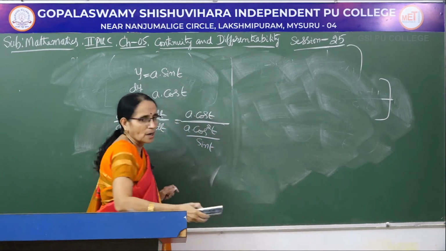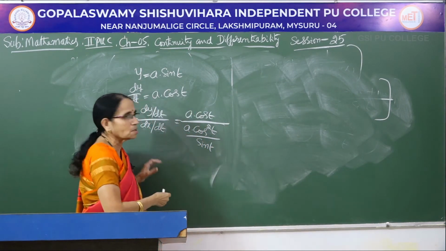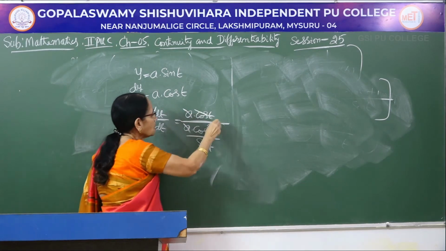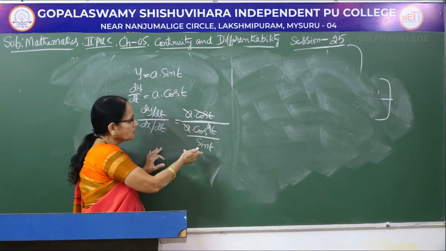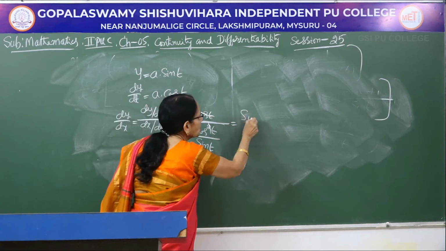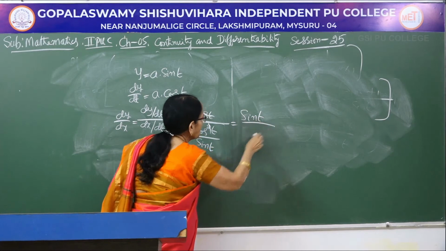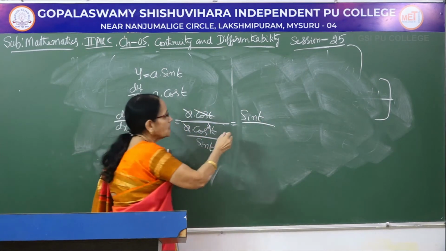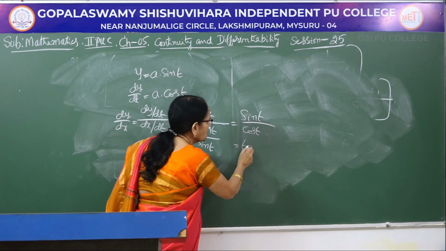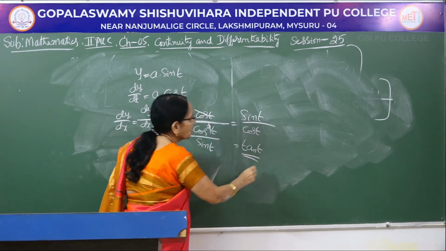So, using that fact, we will be rearranging the terms. Observe, a and a can be cancelled. One cos of t is cancelled. This sin of t, being the denominator of the denominator, goes to the numerator, and one has been cancelled, the other one is remaining. So, sin t by cos t is equal to tan of t.